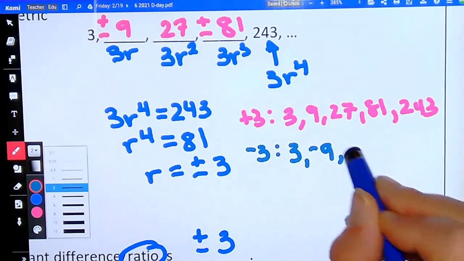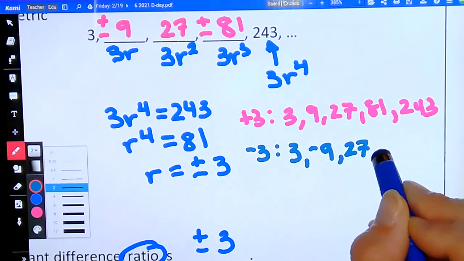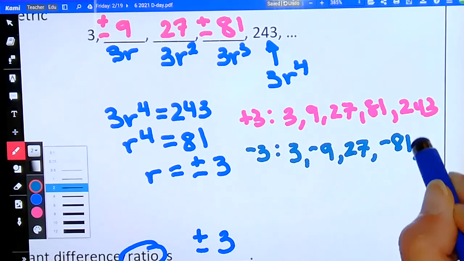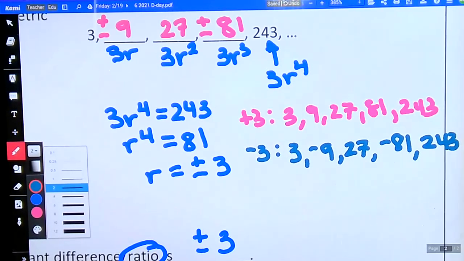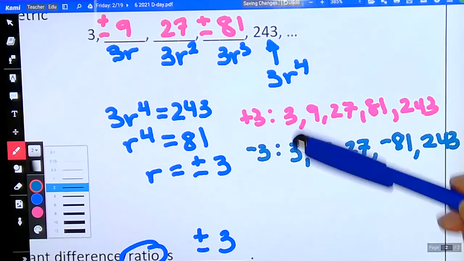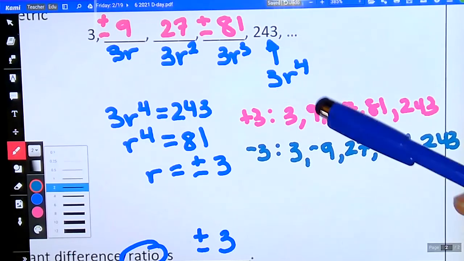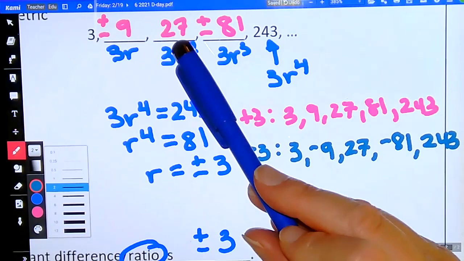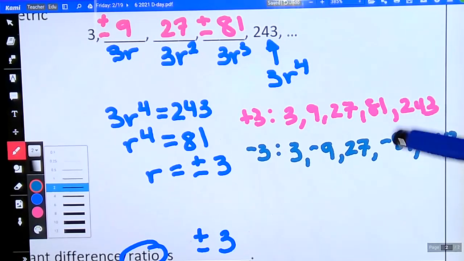Times that by negative, I get a positive 27. I times that by negative, I get a negative 81. I times that by negative, I get a positive 243. And so you'll notice my 3 here was positive, and this was a negative. This was positive 27. This was negative. And then this was positive. A little trickier, that last one.